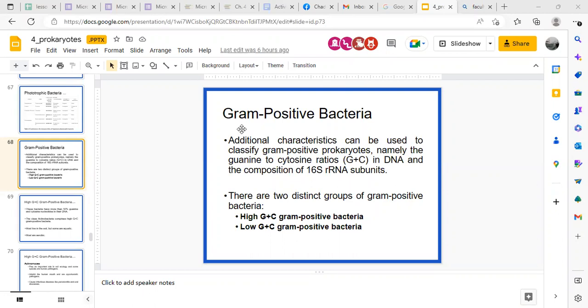You have high guanine and cytosine gram-positive bacteria, which means you have 50% more guanine and cytosine in the nucleotides of the DNA. And in low G plus C gram-positive bacteria, you have a low percentage of the same nucleotides.